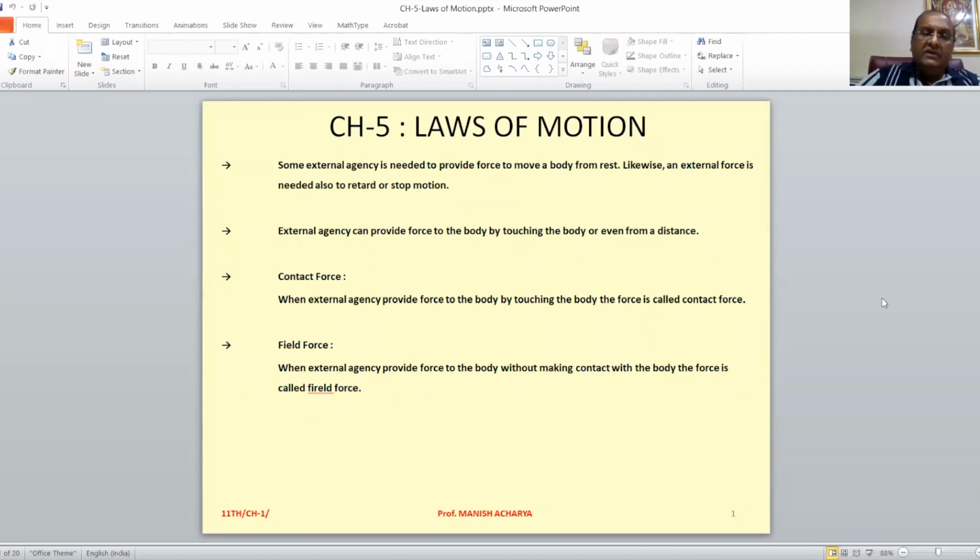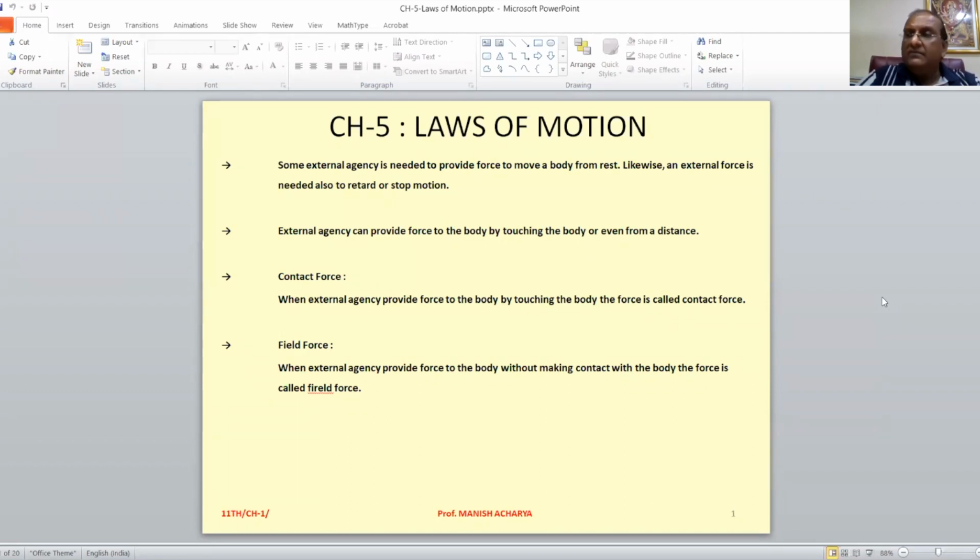Now, there must be an external agency which can provide this force. The force is divided into two categories, contact force and field force, right? In some cases, to change the state of motion of the body, we have to establish contact with the body.